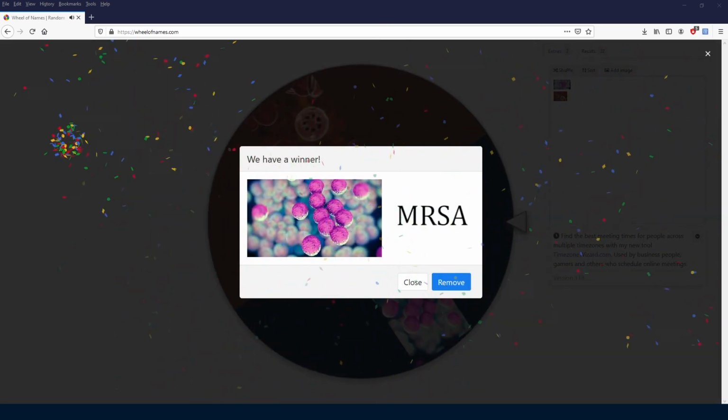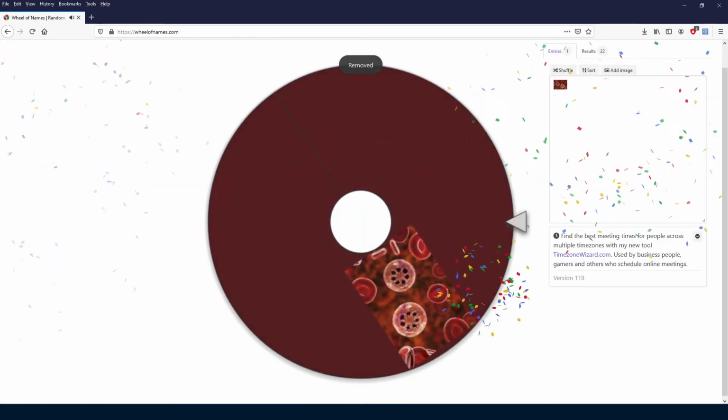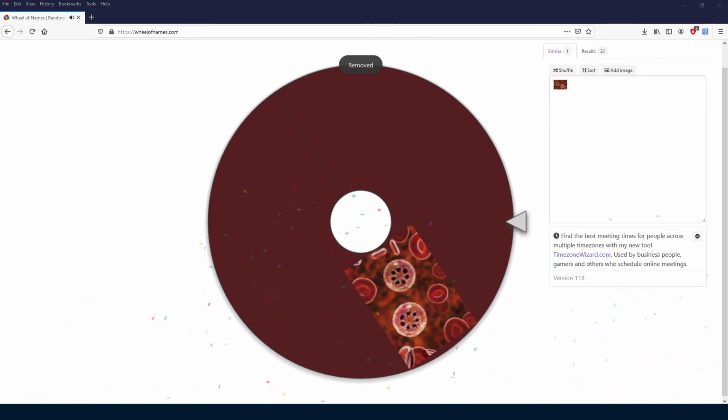We have MRSA. It stands for methicillin-resistant Staphylococcus aureus, and it's a type of bacteria. So you can get this from the bacteria entering a wound, such as a cut, puncture, gash, surgical incision, or sharing personal items, such as towels or razors that have touched infected skin.